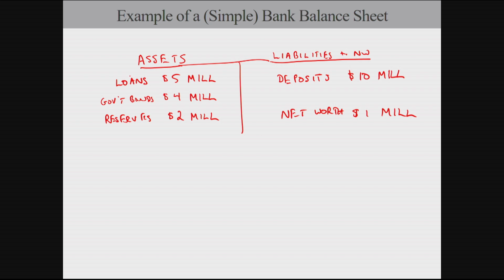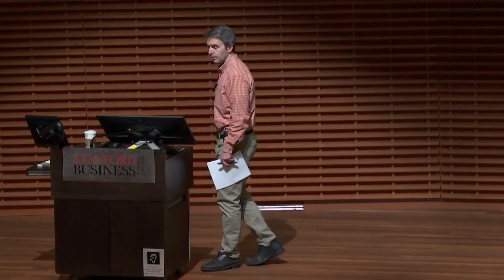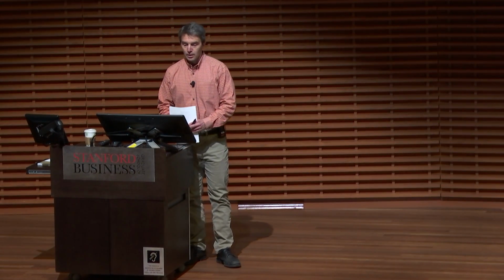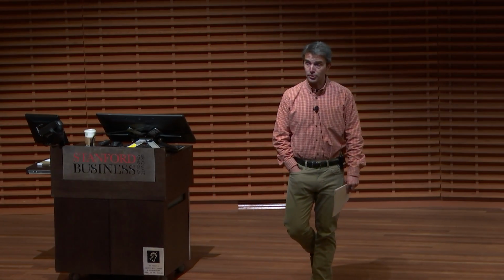Now these loans, one of the things that happened in 2008, and that we're going to talk a lot about, I think on Thursday this week, is that the value of these loans can change over time if borrowers' ability to repay changes. Okay? So what happened in 2007, 8, 9, and the years immediately after that is many people found that they were unable to pay back their mortgages.